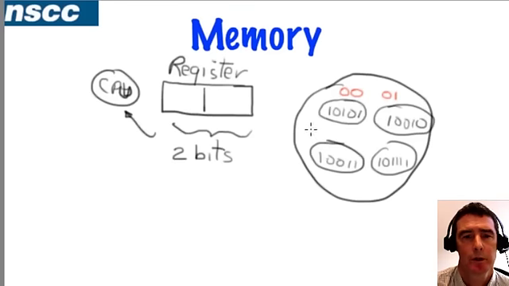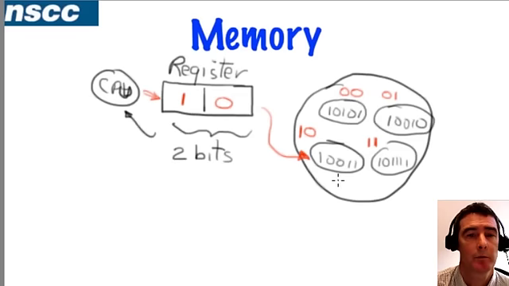So I'm going to give a label to all these memory locations here. The register is used to determine which of these locations the CPU is going to access. So the CPU basically uses this register, and if it puts 10 here, the CPU can either write to or read from this location.